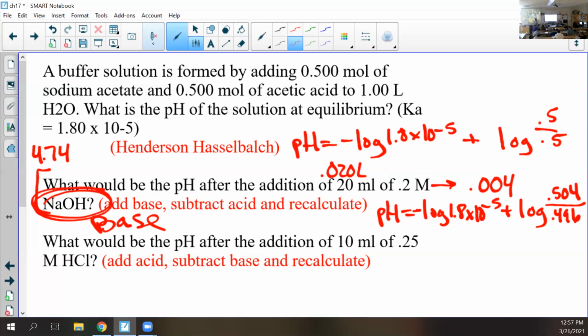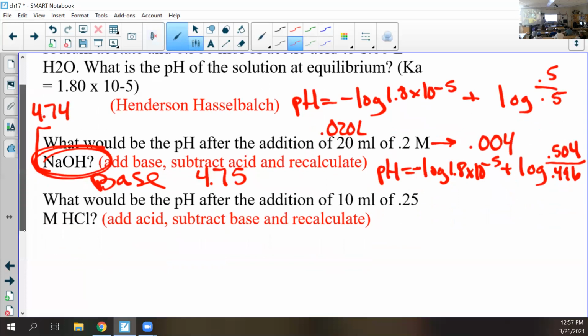Yeah, it went from 4.74 to 4 point what? 7.5. So look, 20 milliliters of 0.2 molar base is actually a significant amount. If I added that to just water, we're going to have like a 12 something pH. But since there was a buffer, the change was almost zero. Almost zero. Okay, you do the bottom one on your own.